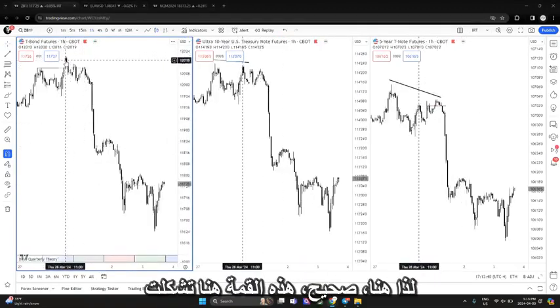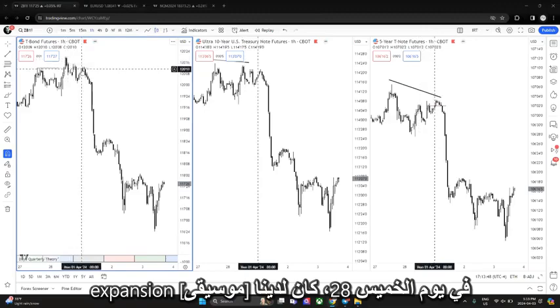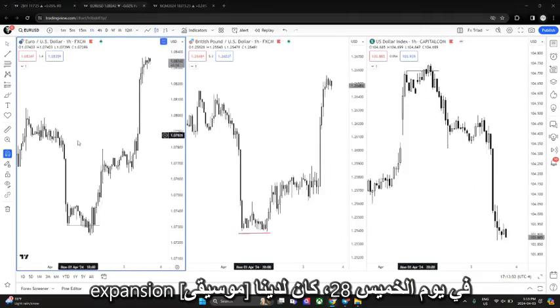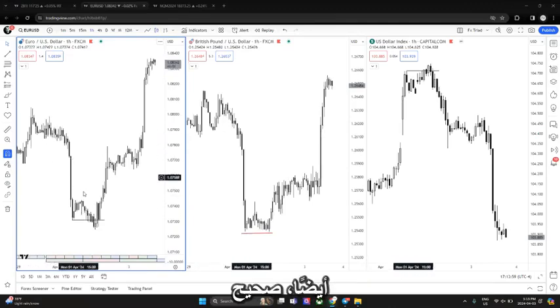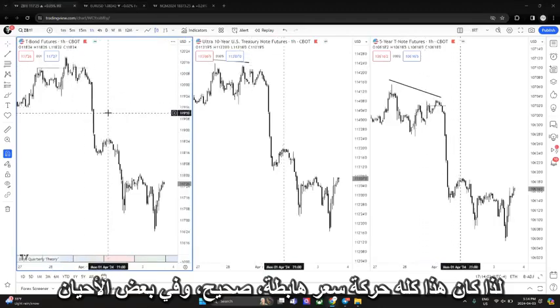So here, this high right here was formed on the 28th, Thursday. We had expansion Monday. On Monday's price action, we had expansion as well. So this was all down price action.